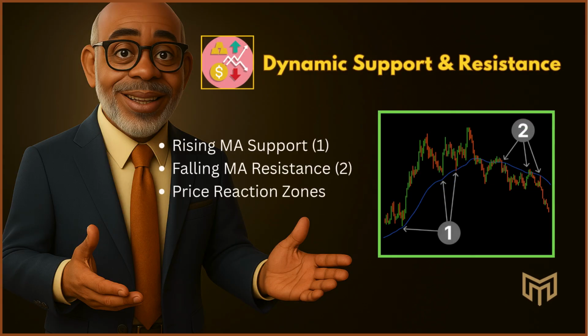When price approaches a rising moving average from above, the moving average may act as dynamic support and help price bounce higher. Conversely, a falling moving average can serve as resistance when price approaches from below. Traders watch these reaction zones closely because they can provide insight into trend strength and possible continuation.